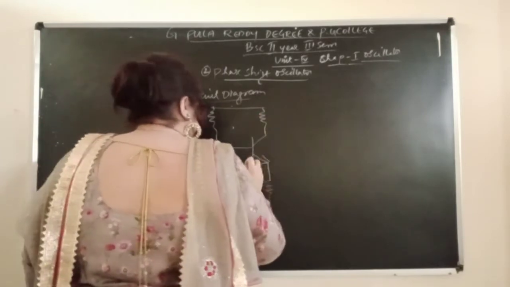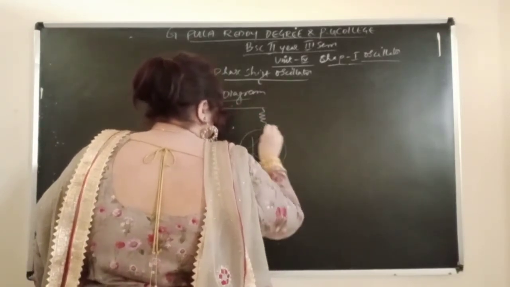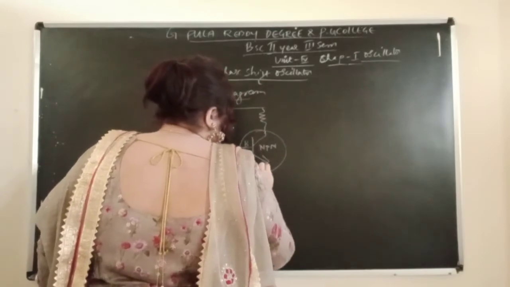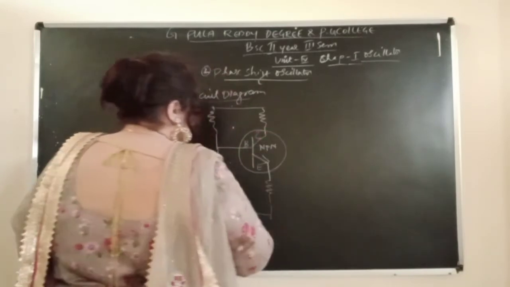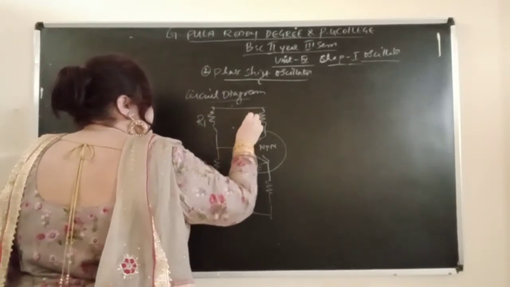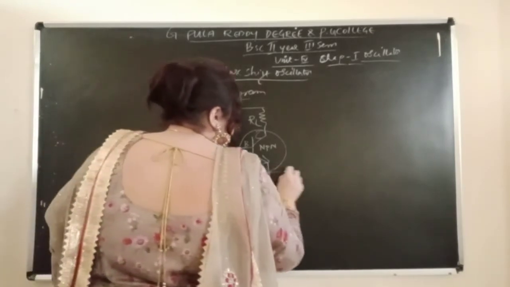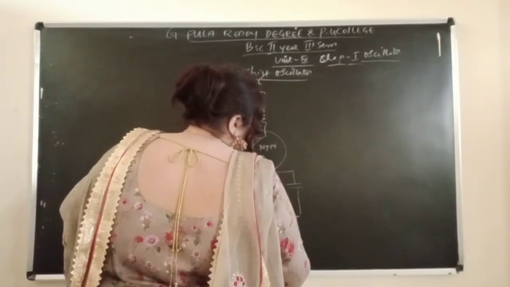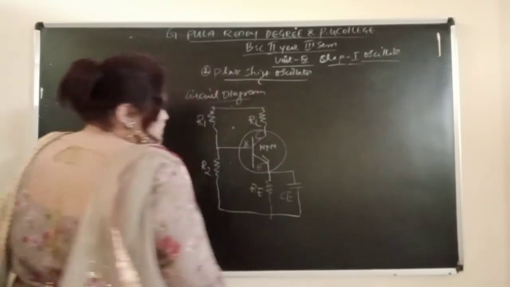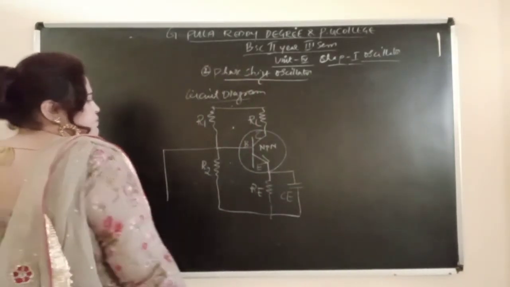It is an NPN transistor marked as a circle, with base, emitter and collector. This is R1, R2, RL the load resistance, and RE the emitter resistance. Then draw the emitter capacitor. Then make it ready.